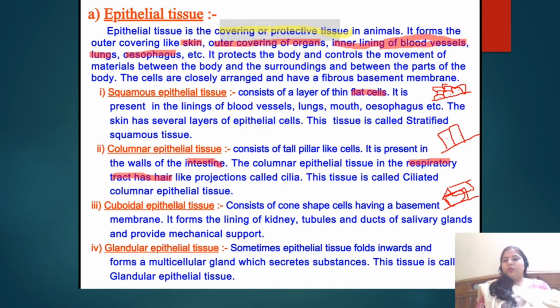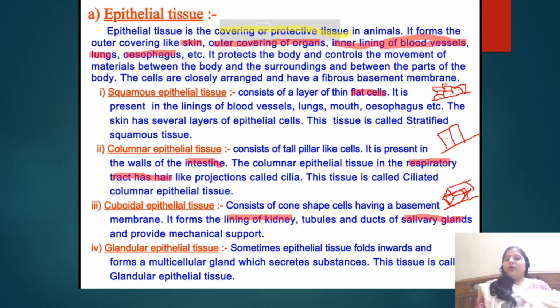These cuboidal cells sit on one basement membrane, and this tissue is seen in the lining of the kidney and in salivary glands, and their function is again to provide mechanical support.